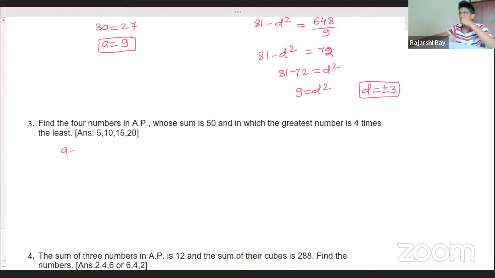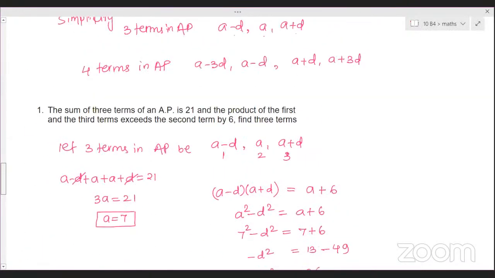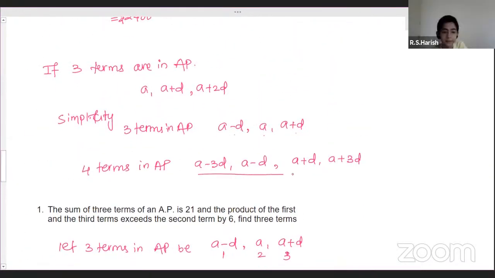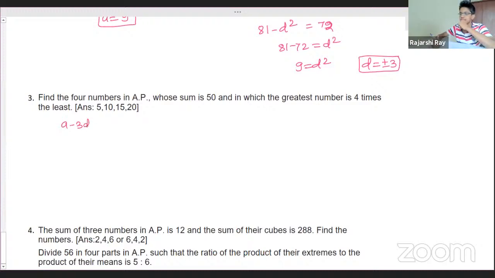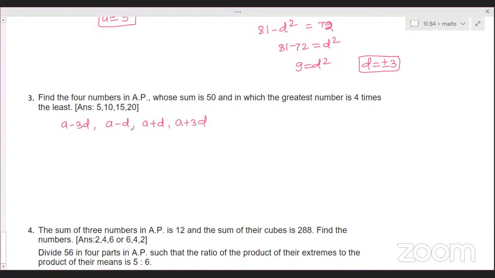Put a minus 3d, a minus d, a plus d, and a plus 3d. It is symmetric on both sides, so d will be cancelled, whose sum is 50.